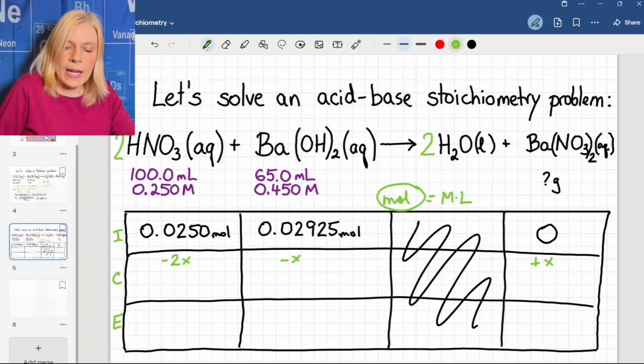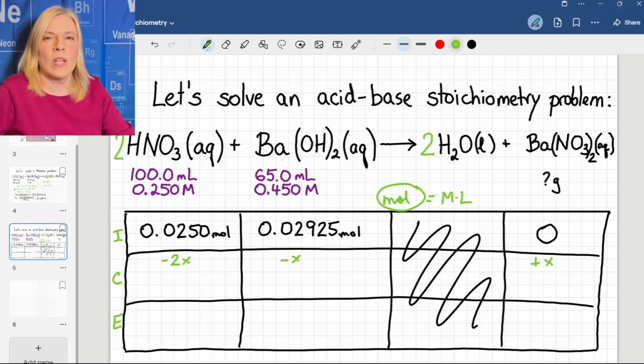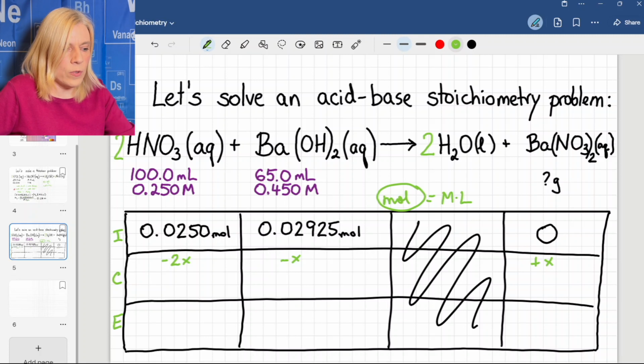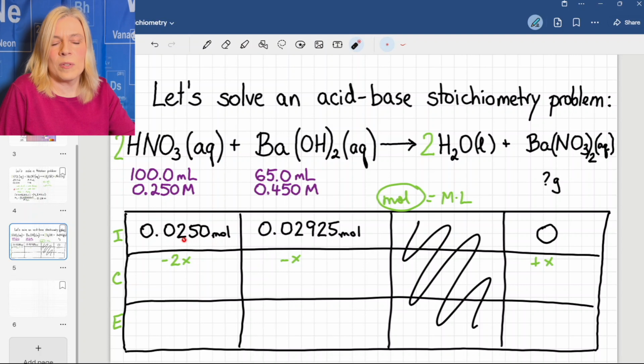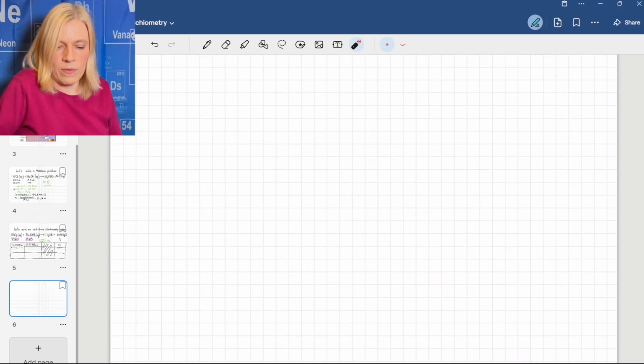Okay, I need to figure out my limiting reactant. Let's show this mathematically.